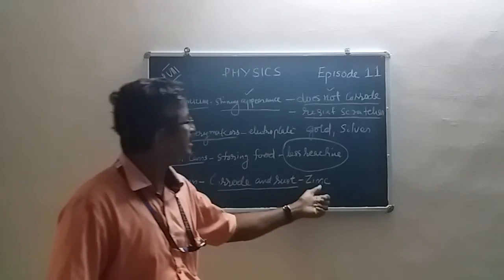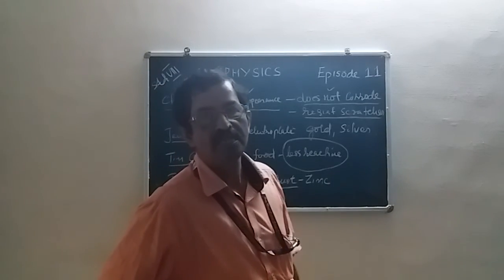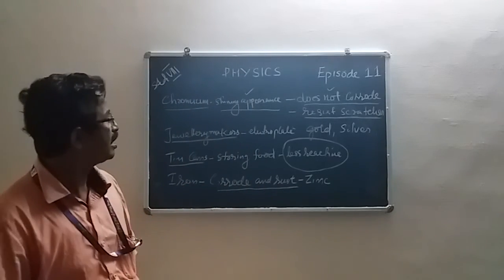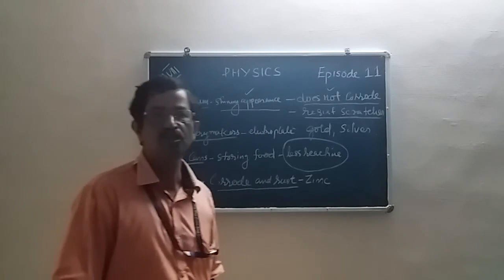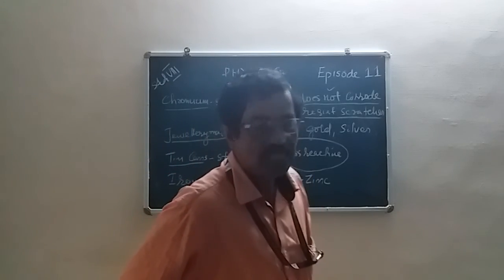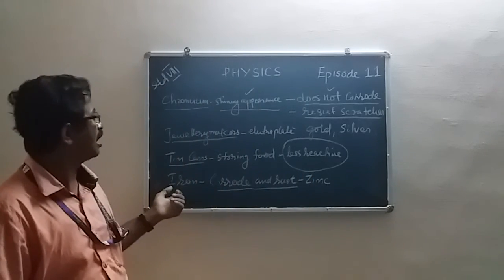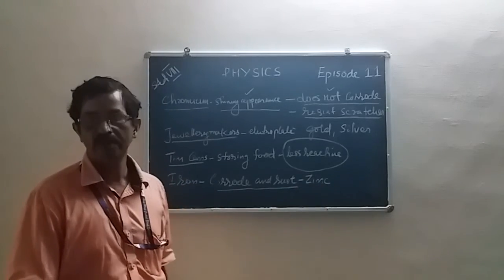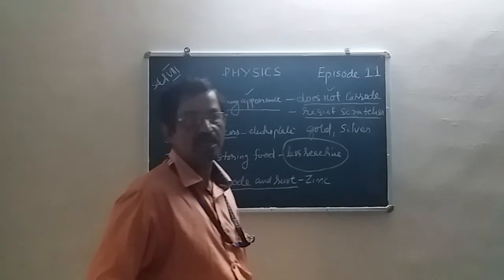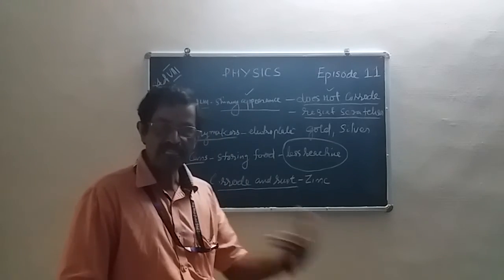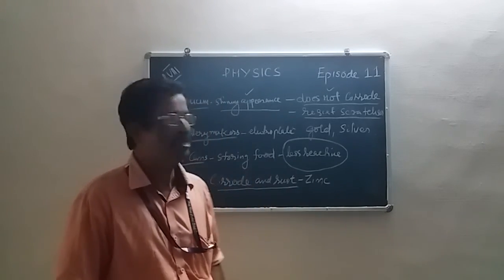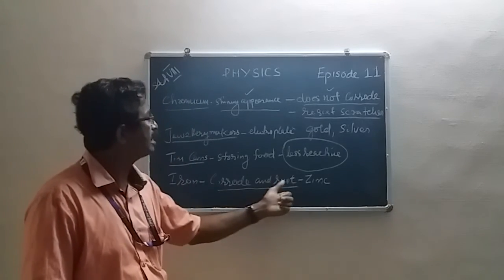So by plating with zinc, which does not corrode and rust, we electroplate iron bars with zinc in order to get more strength and to avoid corrosion and rusting.